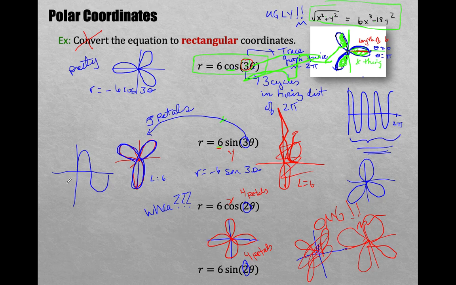Think about your graphs. This is not rectangular form of the same equation, but think about what your periods are, where your positive and negative increasing things are, what that means for your roses and your petals, whether you even have a rose or a petal.